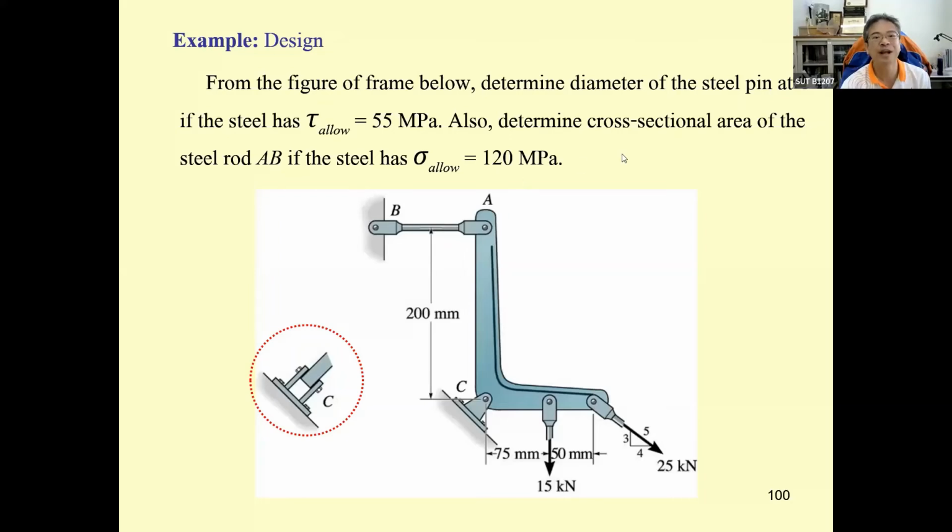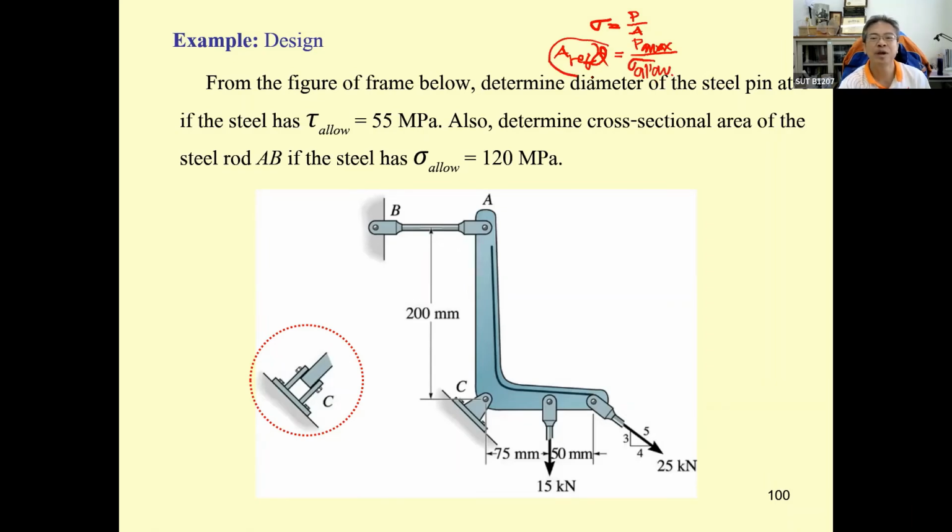Let me go a little bit further to the design. Now we come to the important thing for the engineer. In the design, we are going to use the equation sigma equals internal force divided by A. We are going to determine the A by dividing P max by the allowable stress.